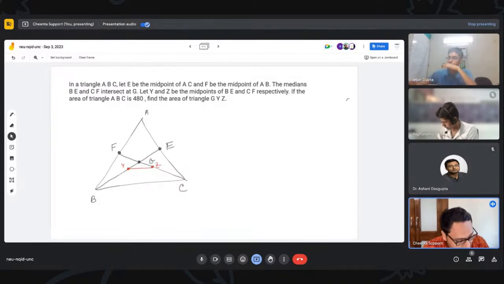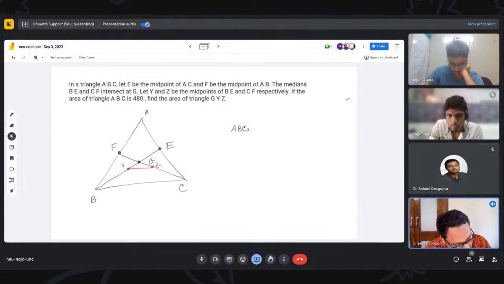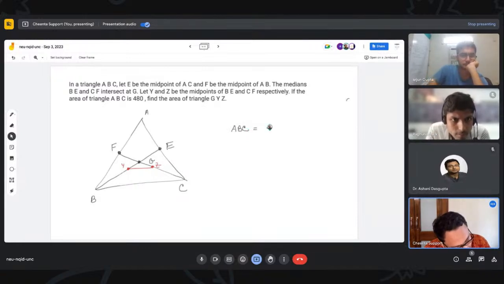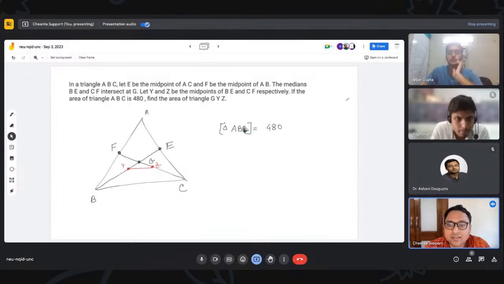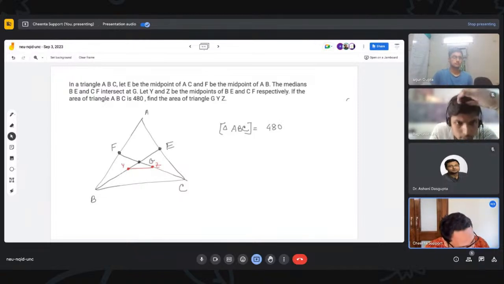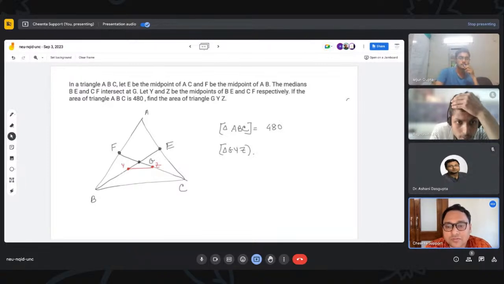The area of triangle ABC is 480. So we want to find out the area of triangle GYZ. That's what we want to figure out.